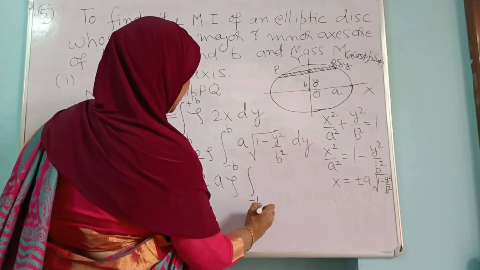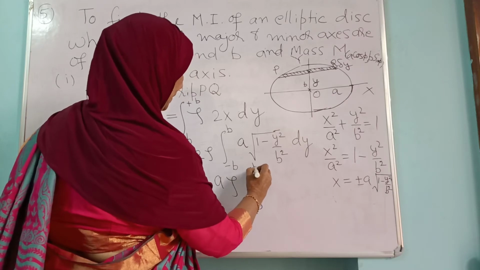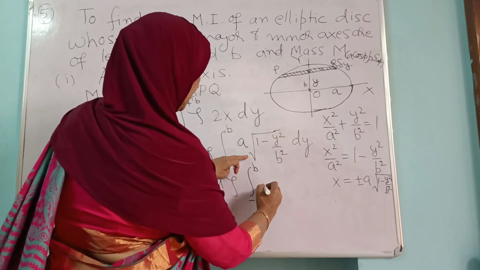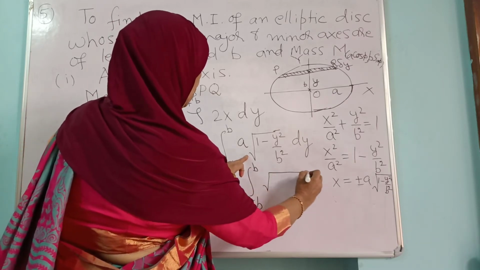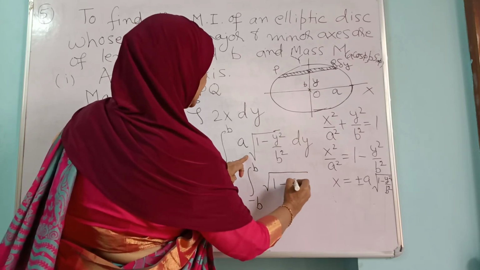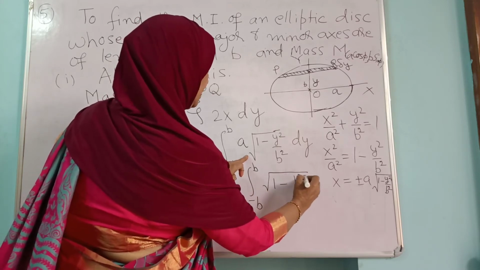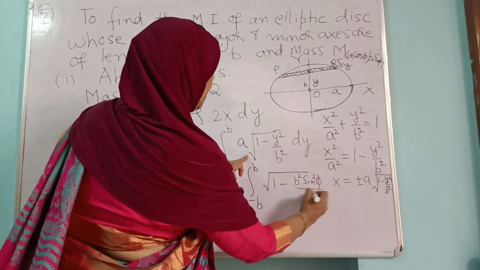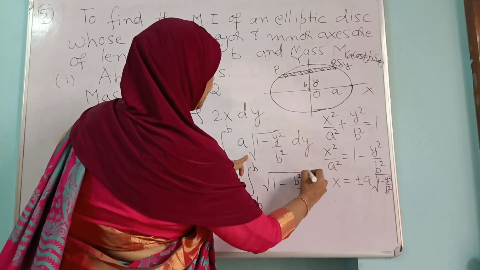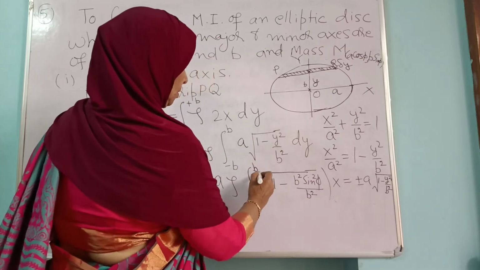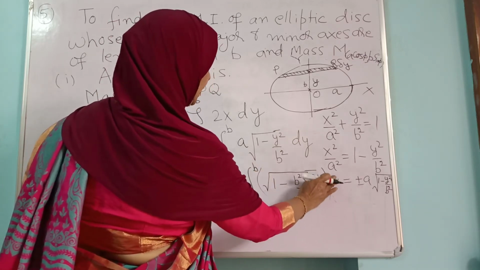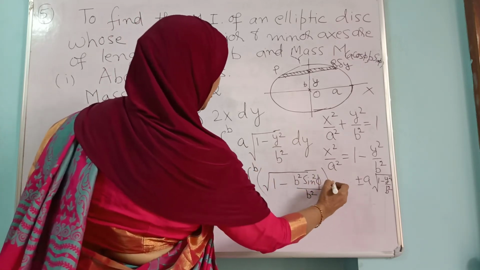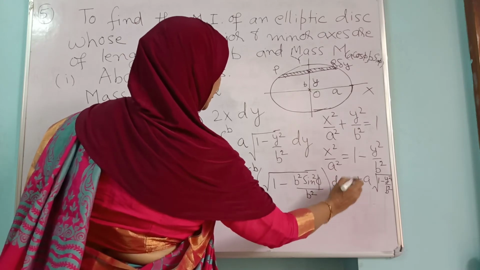So minus b to b, and then under root 1 minus b square sin square phi divided by b square, and this whole thing multiplied by dy.